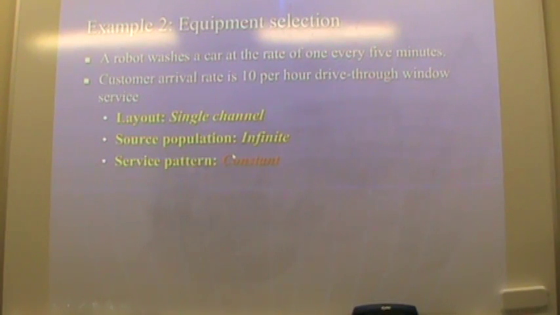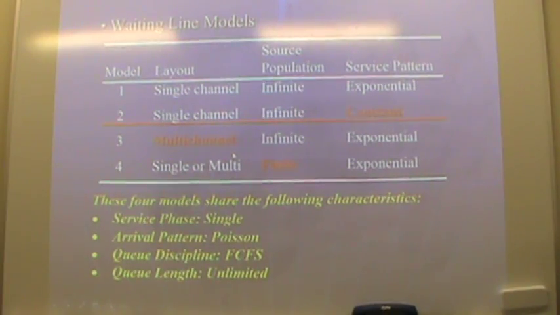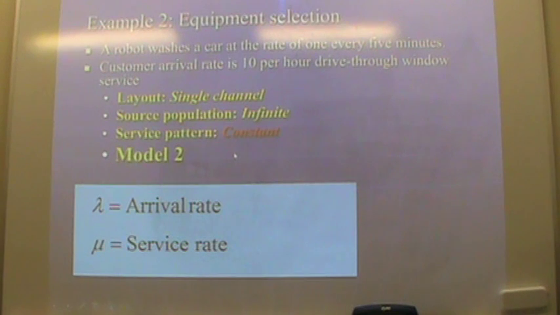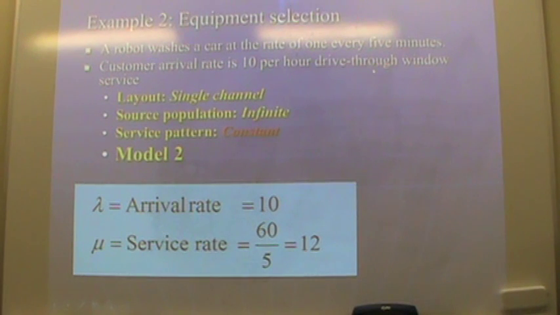In that case, we use model 2. Then same as before, the arrival rate is given, arrival rate is 10. And the service rate is every 5 minutes, so 60 divided by 5 equals 12. So 12 cars can be served in an hour.